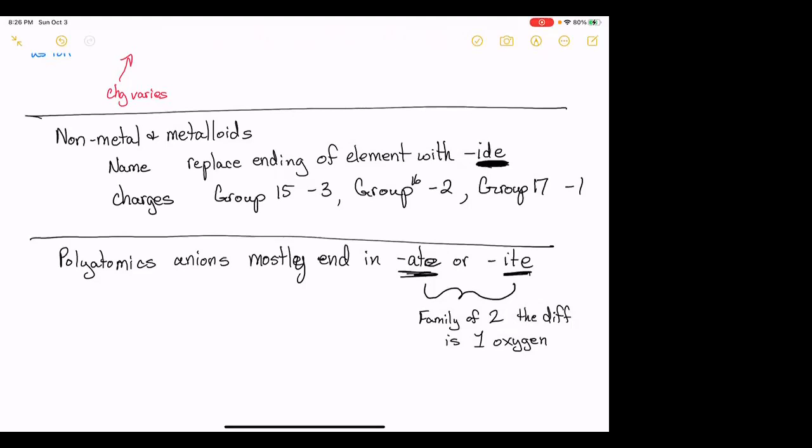And to go from the -ate to the -ite, if you know phosphite is PO3 3 minus, then you know arsenite also, because it will also be 3 oxygens and a 3 minus charge. So you really only have to know the polyatomics for period 2 and period 3, because all of the polyatomics from period 3 down that you have to know for tomorrow behave the same. Did that answer your question, Haley, or do I need to go into greater detail?